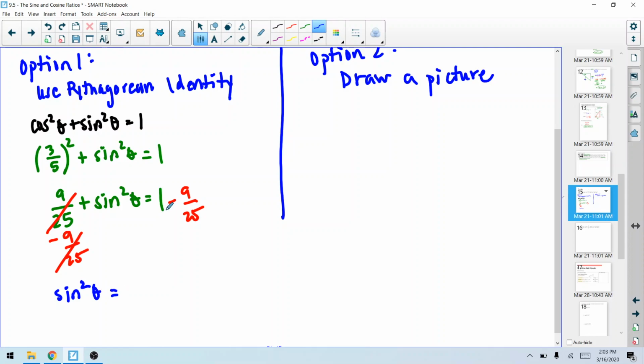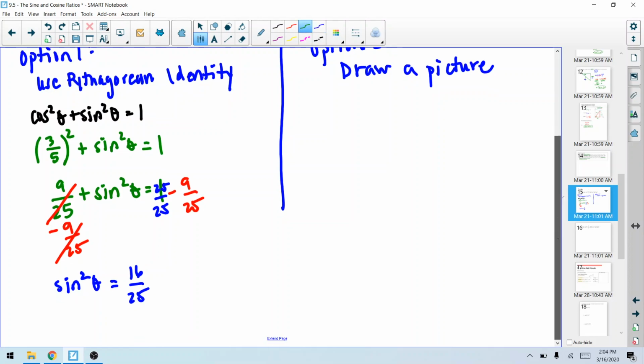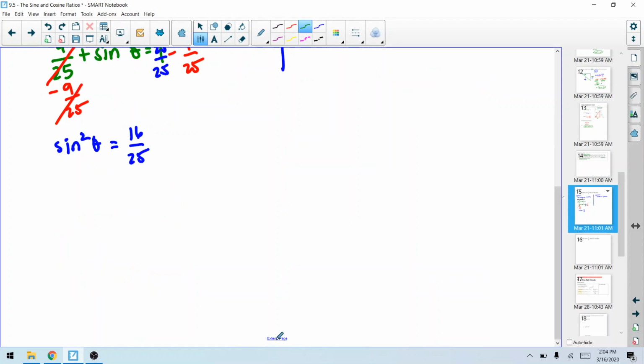You can either do 1 minus 9/25 in your calculator, or you can think about it as 1 is 25 over 25. So then 25 minus 9 is going to give me 16, which is going to give me 16/25. At this point, I've got sine squared theta equals 16/25.